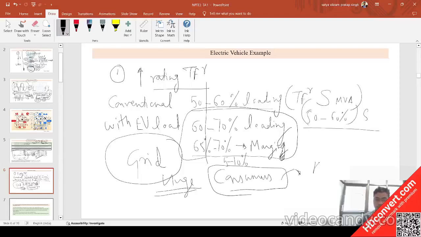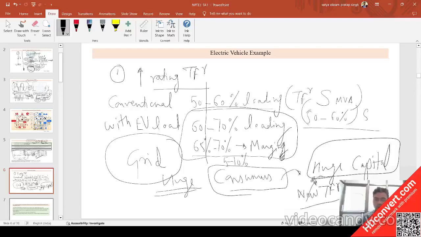It is a huge capital cost for your conventional grid. So who is going to bear this? One option is to invest money and get new transformers for providing this new type of load.